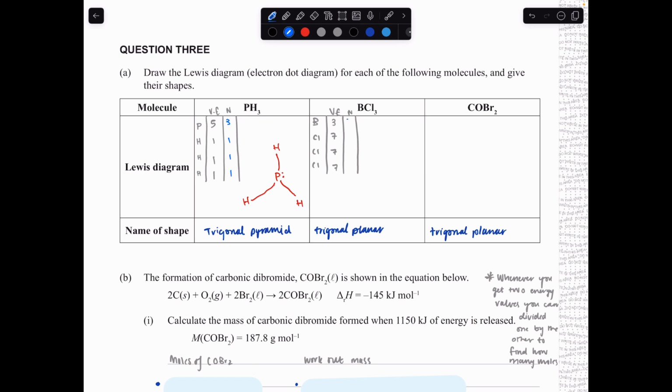So it currently has 3, it needs 3 more. Chlorine has 7. It is not an exception, it follows the normal octet rule, so it needs 1 more. Okay, almost there. What is the neediest atom? The neediest atom seems to be boron because it needs 3, whereas chlorines need only 1 more to have a full outer shell. So chlorines can go around.